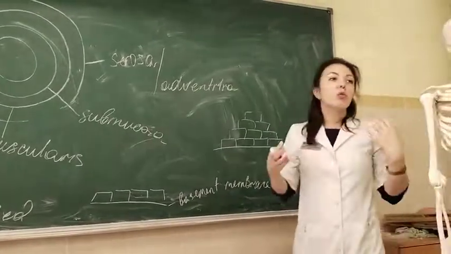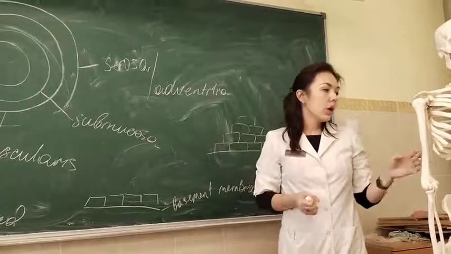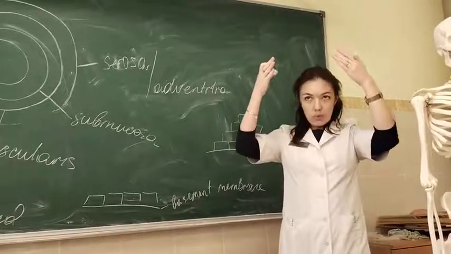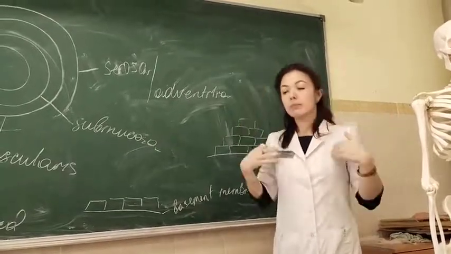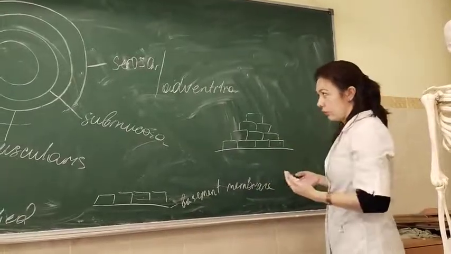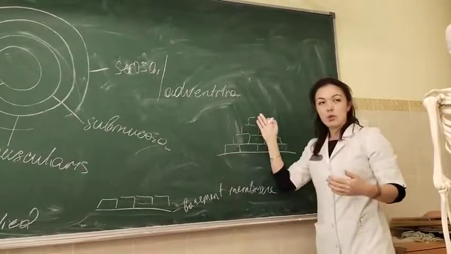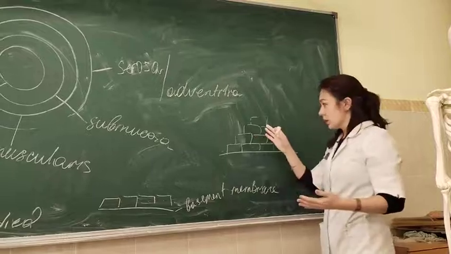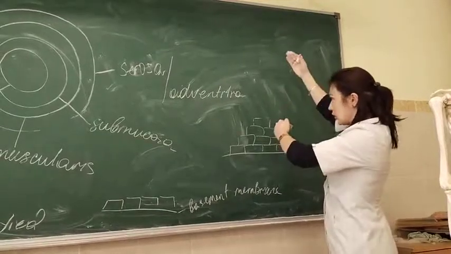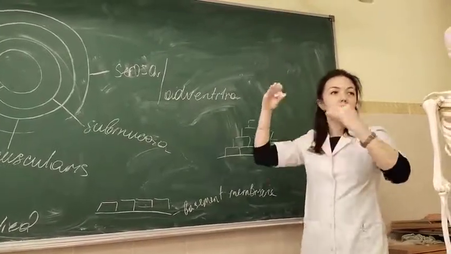In those hollow organs which are located closer to the external environment, in direct contact with it, epithelium is stratified. Because the more layers of cells, the better the protective property.